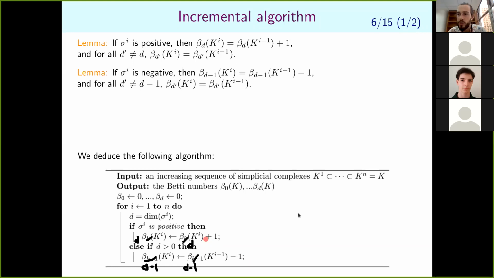I'm just following these two lemmas here. I put the condition if d is greater than 0, but you don't actually need this condition because each simplex of dimension d is positive.